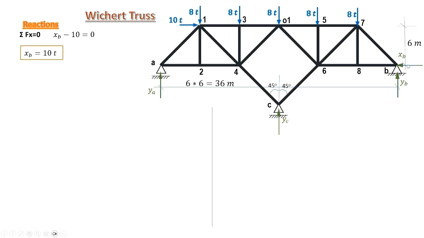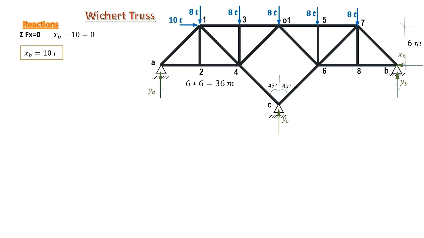The vertical dimension here is 6 meters and the truss consists of 6 panels. A2 is one panel, 2-4 is another, each 6 meters, and the total span is 36 meters.